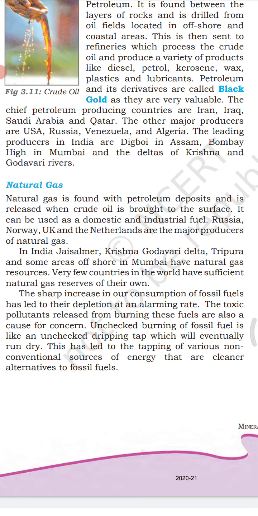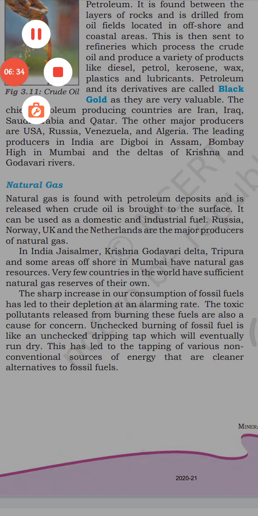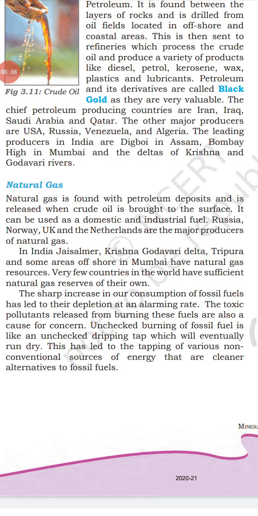Now, natural gas, CNG, you might have heard about. Natural gas is found with petroleum deposits and is released when crude oil is brought to the surface. You understand it?